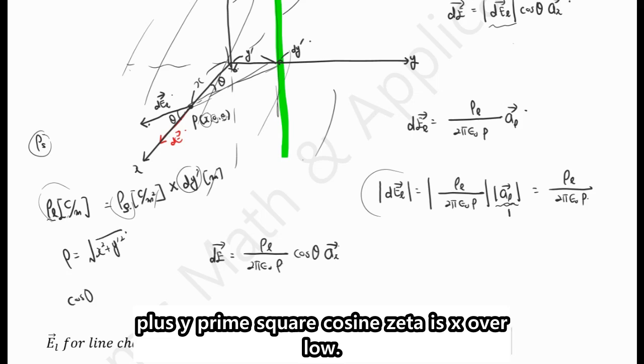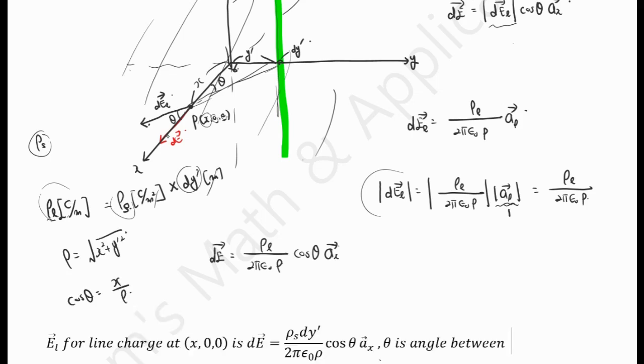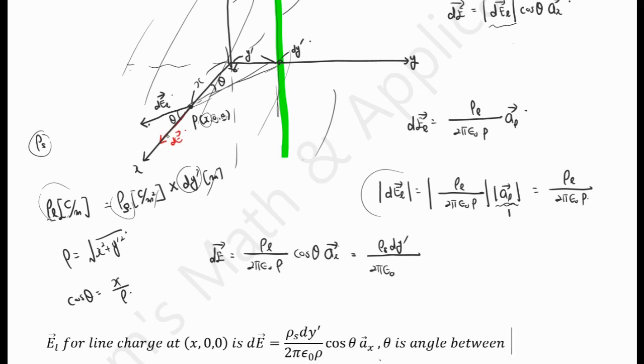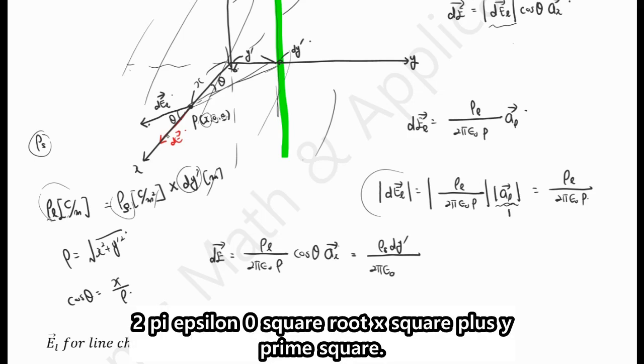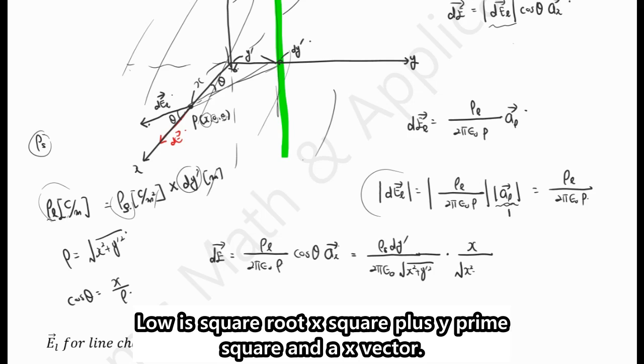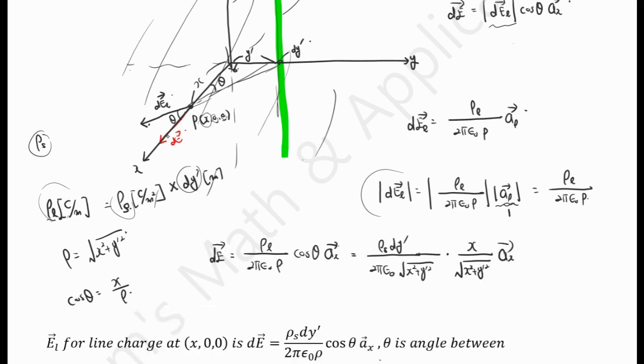Cosine theta is x over rho. So the dE vector is rho_S dy' over 2 pi epsilon_0 times the square root of x squared plus y' squared, multiplied by cosine theta, which is x over rho, where rho is the square root of x squared plus y' squared, and a_x vector.